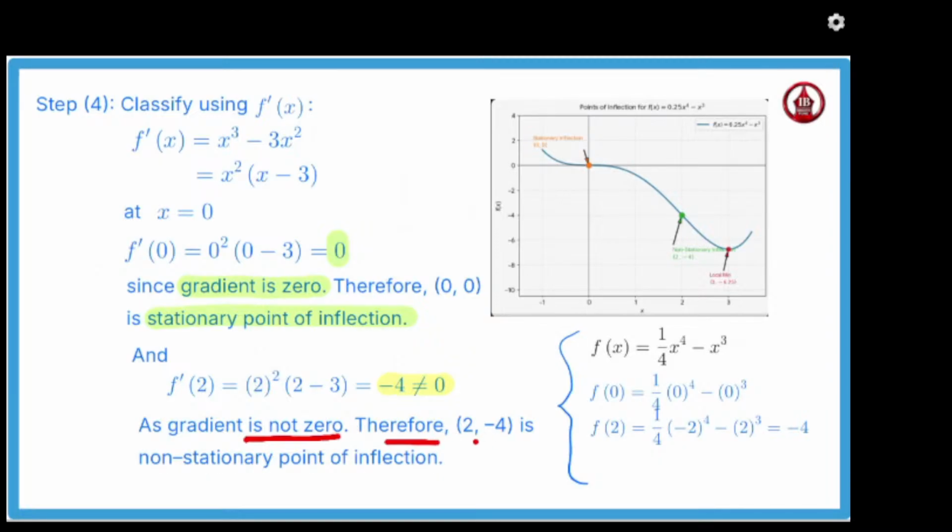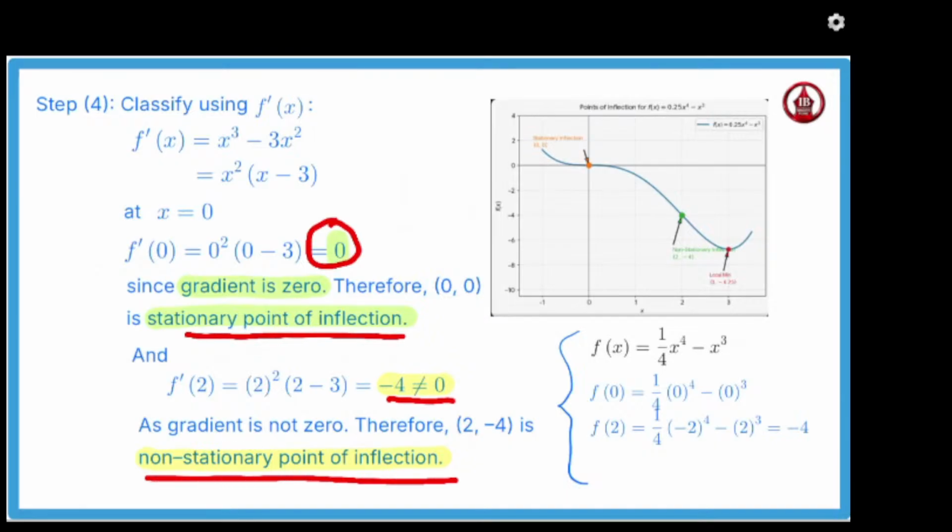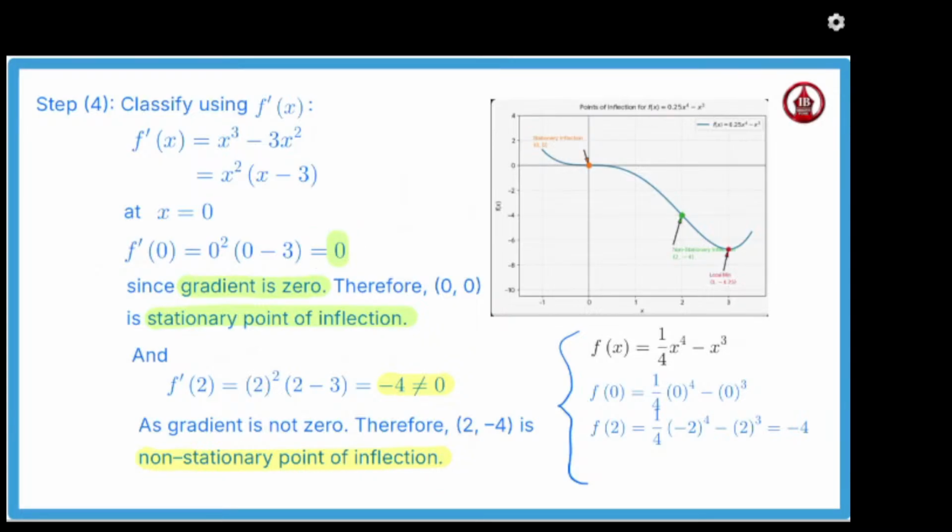And therefore, the point 2 and negative 4, which I have calculated here, their y coordinates, okay, is non-stationary point of inflection. Is that clear to you? It is non-stationary point of inflection. See, if the first derivative is equal to 0, it is a stationary point of inflection. If it is not equal to 0, it is non-stationary point of inflection. I hope you understood all this.